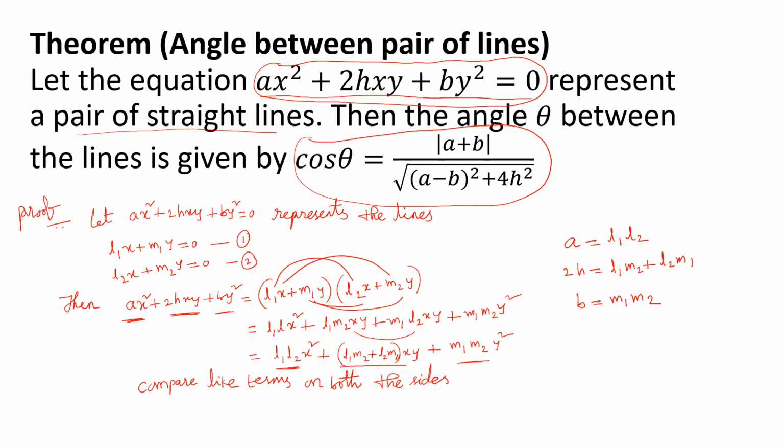Now actually we are going to find angle between the lines 1 and 2. Let theta be the angle between the lines 1 and 2. Then we have cos theta formula.